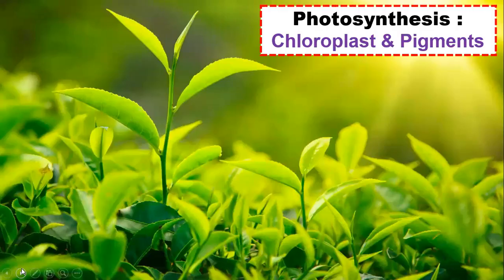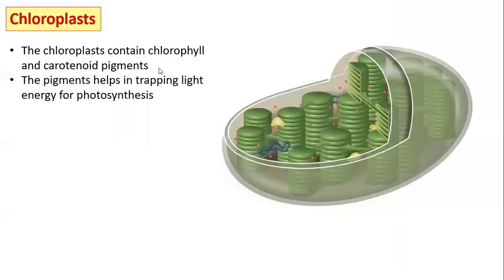Let's move on to today's topic, that is chloroplast and pigment systems. Right from the beginning of this chapter, we have been discussing chloroplast. Right now in today's class, we'll be discussing what this chloroplast is and what its function is.